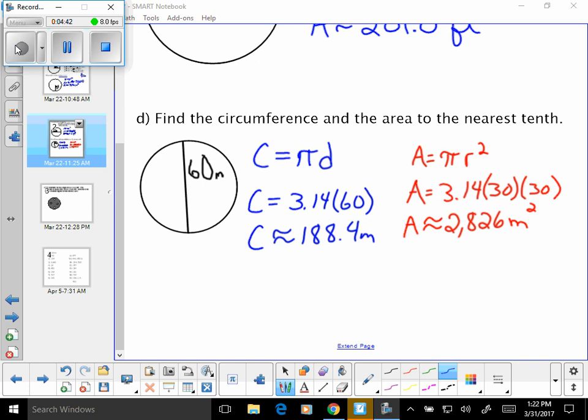The area, you have to have the radius. If you didn't, your answer is going to be very wrong, because it should be 30 for the radius and not 60. 30 times 30 is 900, 60 times 60 is 3,600, so your answer will be quite off if you did not use the radius.